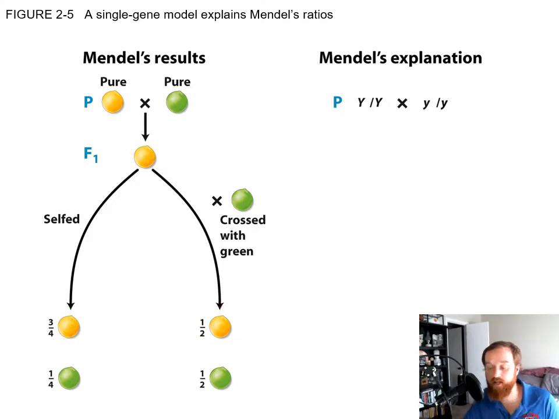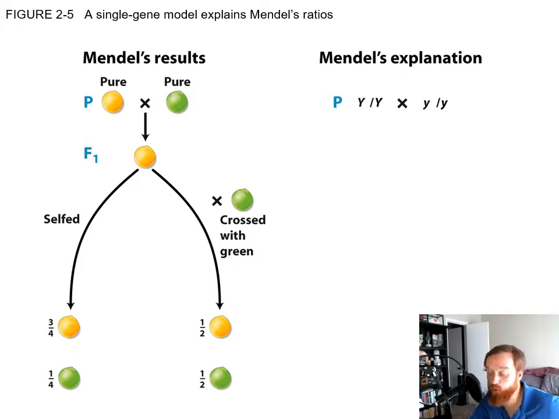Now, Mendel had an explanation for this. He predicted that each of these traits, for instance, we're talking about color here, has 2 states. And so he denoted these with letters. And so for the yellow pea plant, we give them 2 capital Y's for yellow.